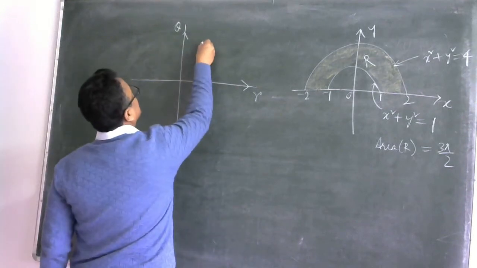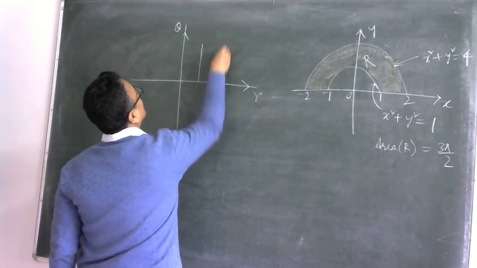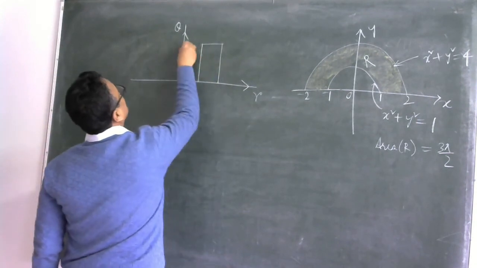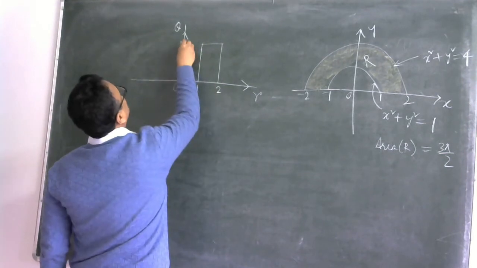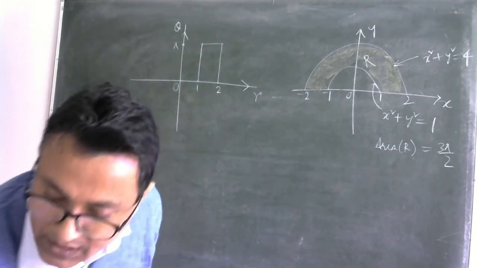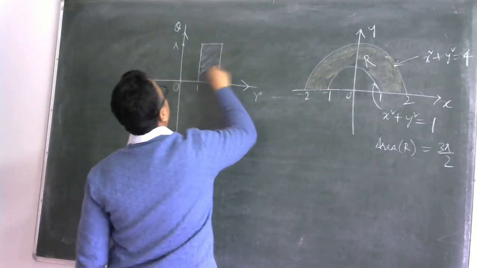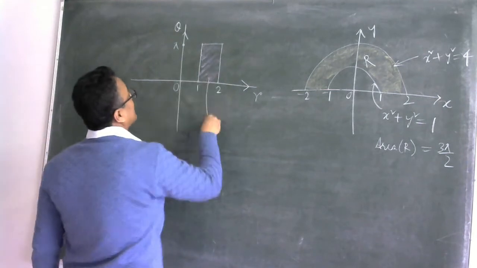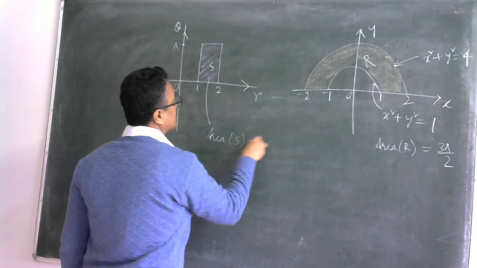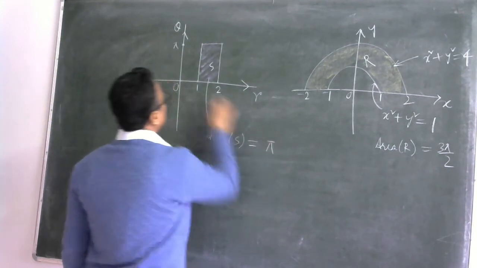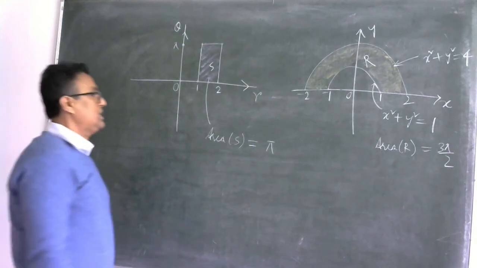So if you recall, I did something like this: if this is 0, this is 1, this is 2, and suppose this is pi, then it is easy to find that the area of S is simply pi, because this length is 1 and this height is pi.